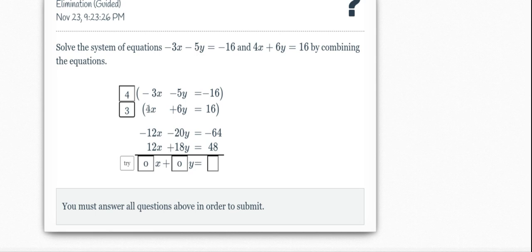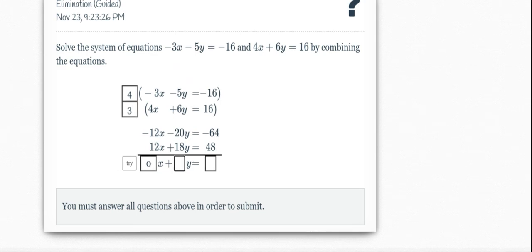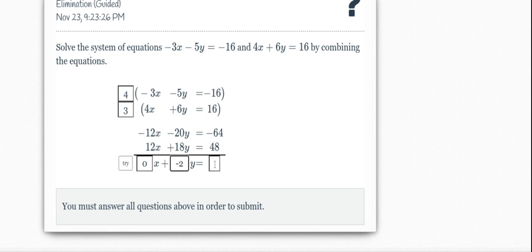So 3 is getting multiplied by 4, 4 is getting multiplied by 3, and then now my x's will cancel here. Again, I would add my y's, -20 plus 18, -2y, and then I would add my x's and continue and solve.